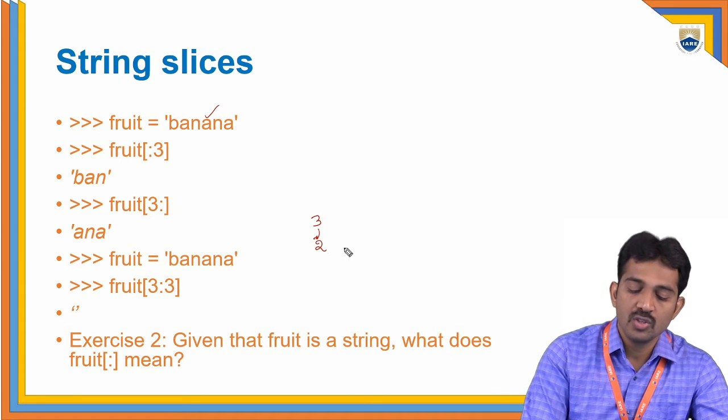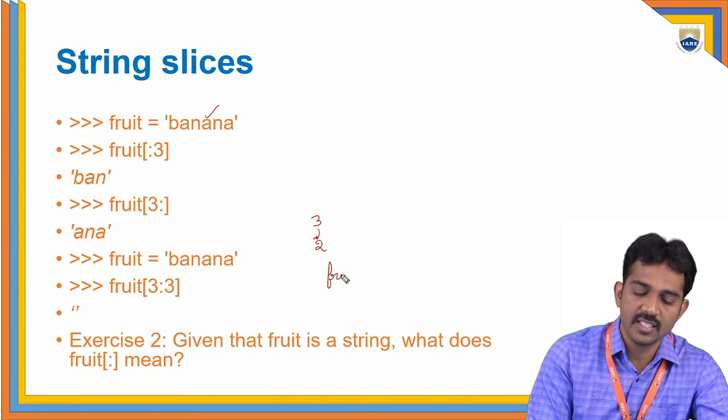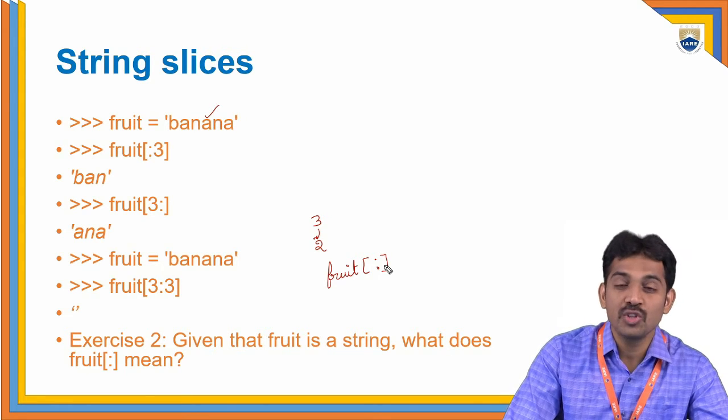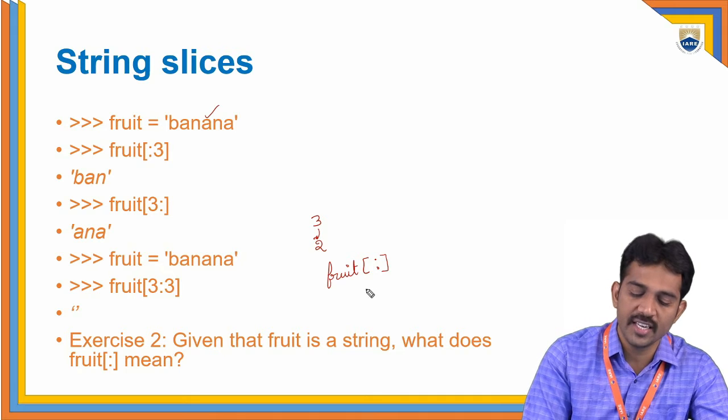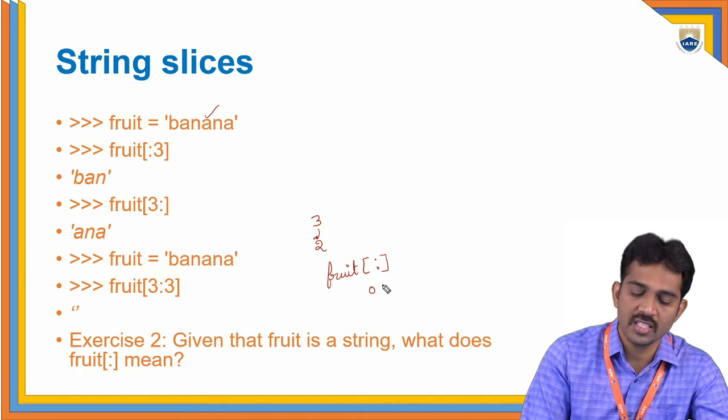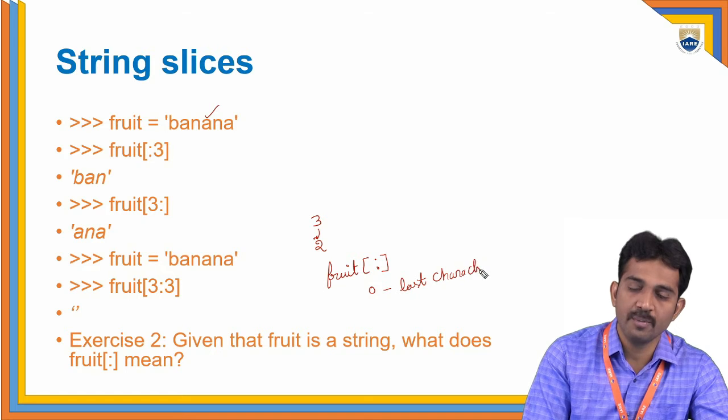If you use fruit of colon, there is no starting index and no ending index. So by default it takes 0 as the start, and with no ending index it goes to the last character. So by default it will print the full string.